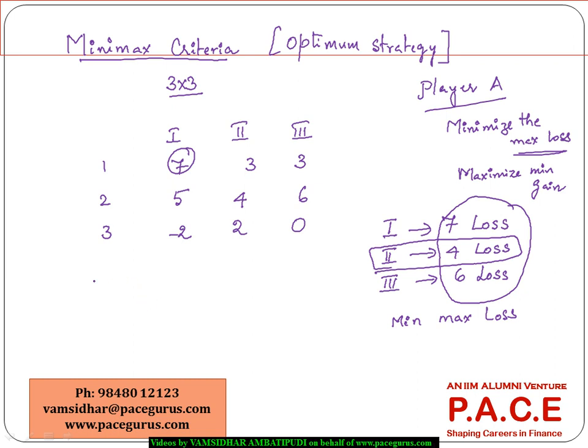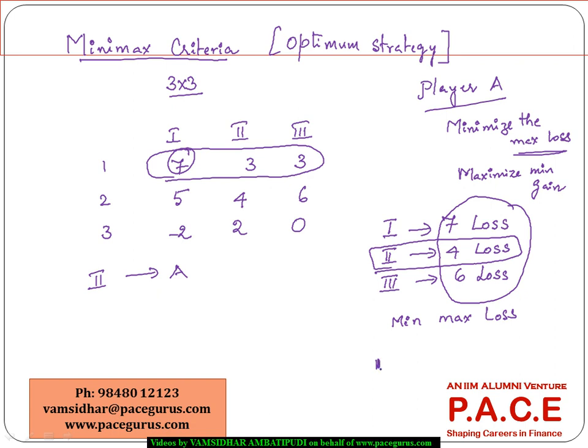So from A's standpoint, using this minimax criteria, the strategy that he is going to choose is strategy number 2. Strategy number 2 will be chosen by player A. Now, when I look at it from player B's perspective, I am more interested in the maximin. Whatever is the minimum gain that he is going to get, he has to choose the maximum out of it.